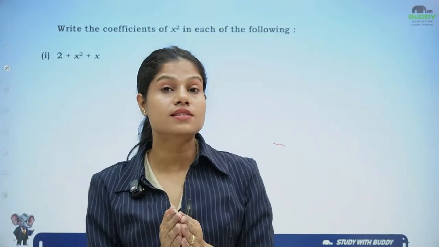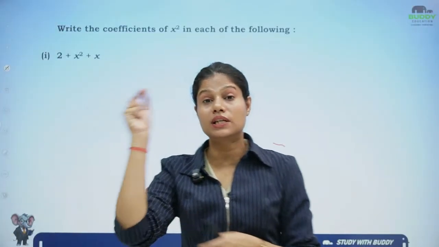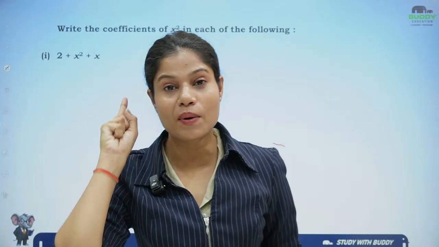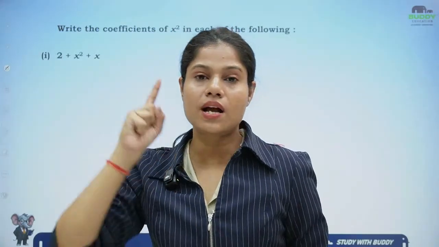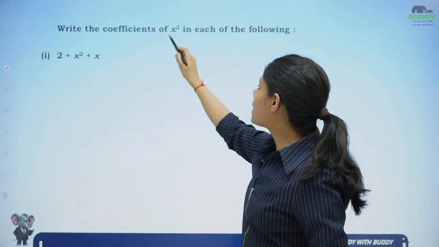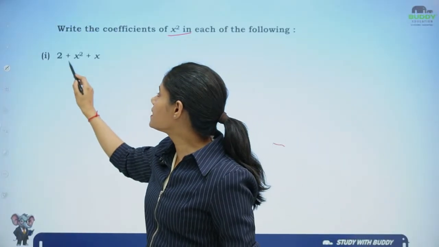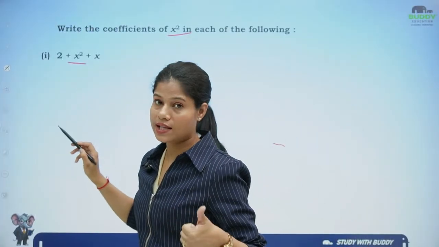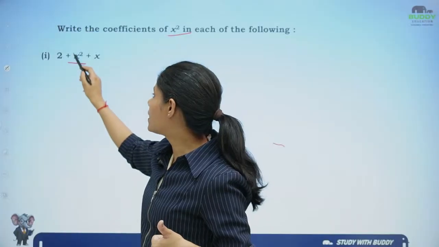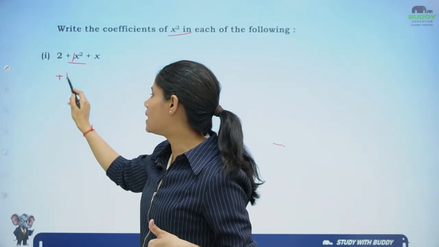If they are asking about the coefficient, they are asking about the number that is attached with that variable. Now which variable are you talking about? X square. So let's find x square. So if I see here, the number attached with x square is how much? 1. So here the coefficient will be plus 1, right?